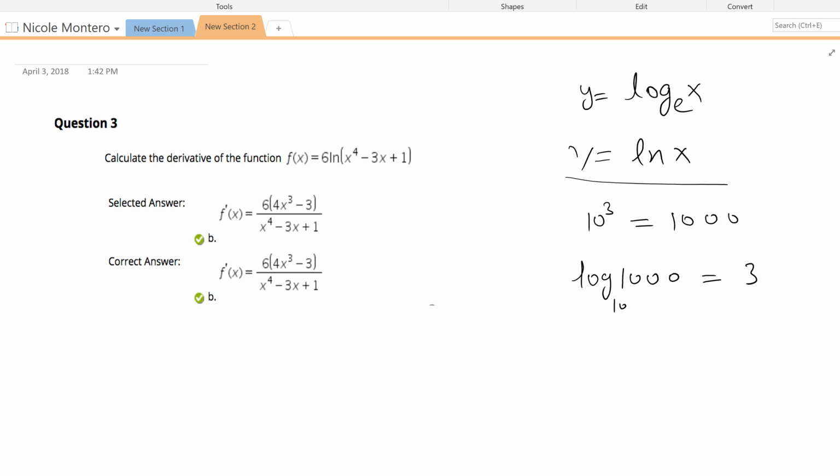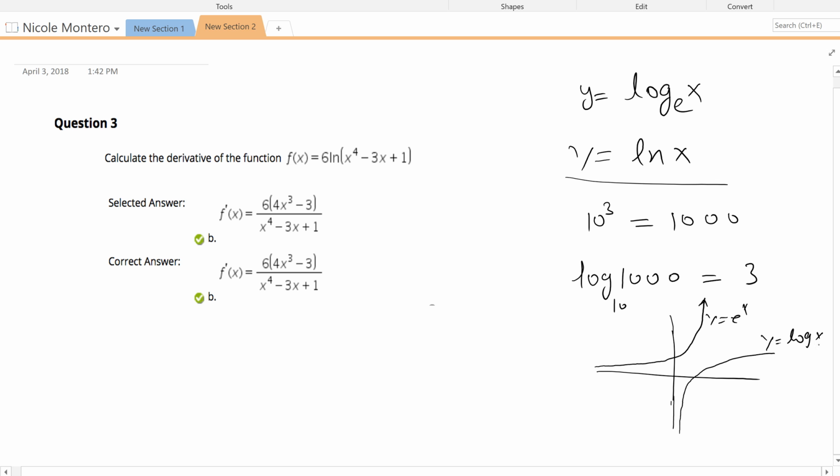So that is just a way of writing the exponent equation in another form. Now log is a function, and the log of x looks like that. And log is the inverse of the exponential function. Exponential function looks like that. And that's the log of x.